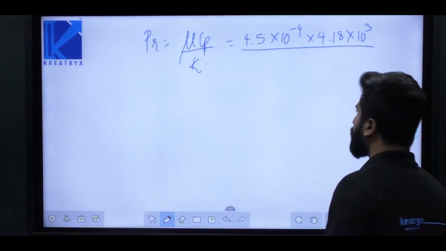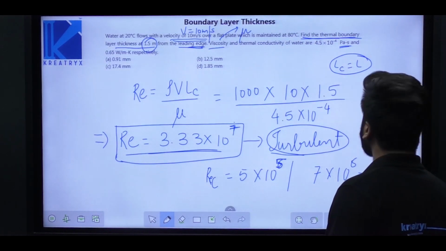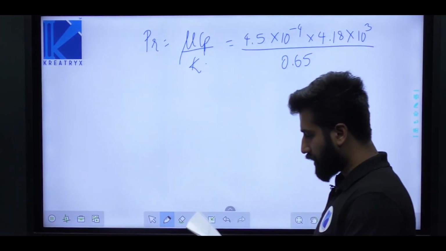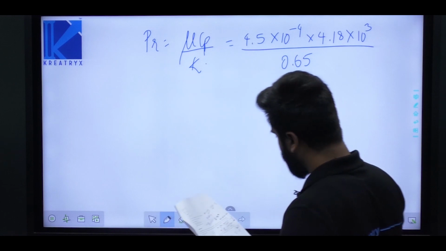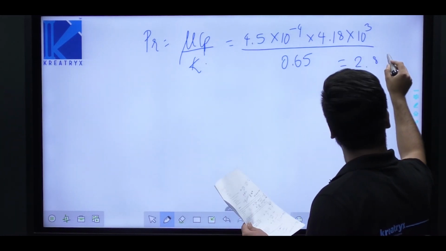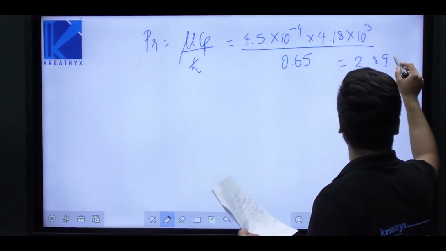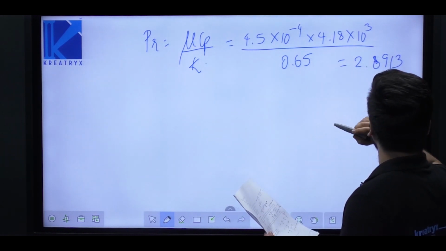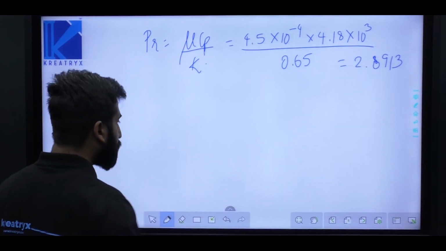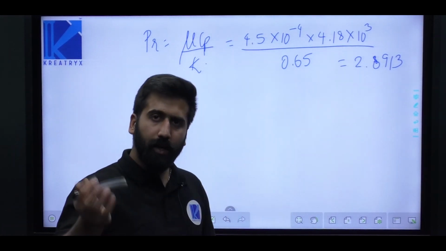K is 0.65 watt per meter Kelvin. So Prandtl number is equal to 2.8913. Now, I'm going to find out the hydrodynamic boundary layer.